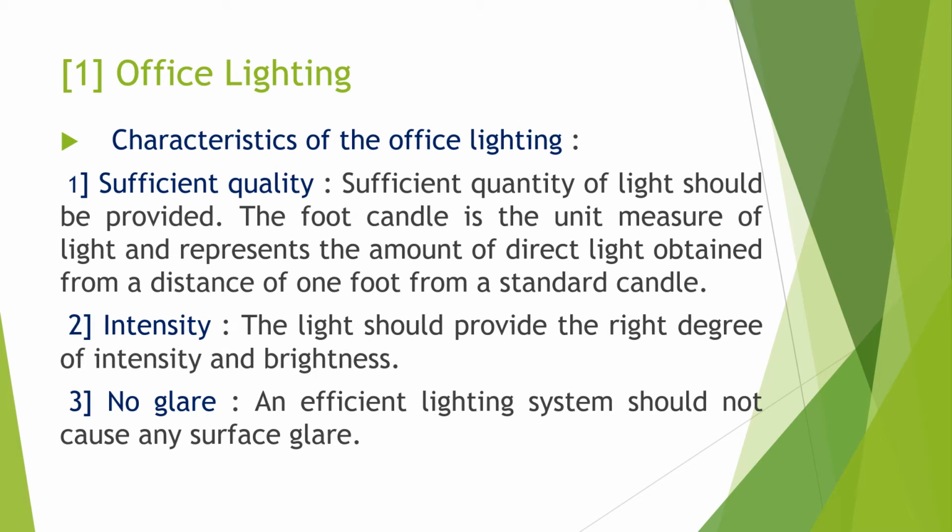Third point is no glare. An efficient lighting system should not cause any surface glare. Glare which results from sunlight can be prevented by the use of shades or light fixtures.